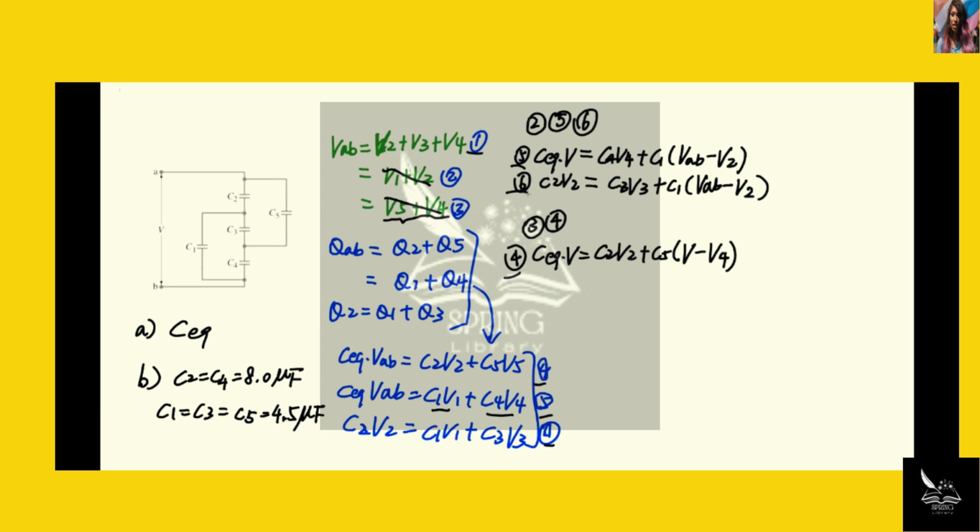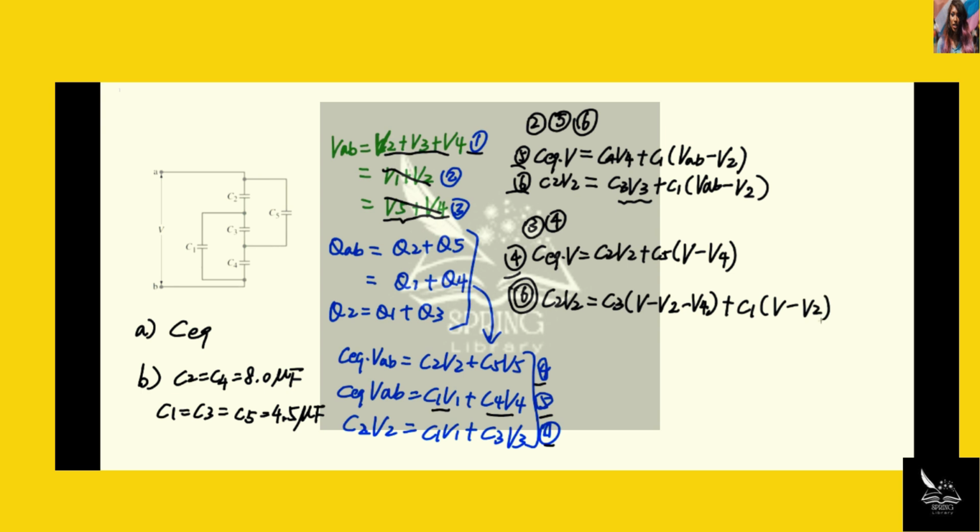But we can eliminate even more of these. Let's also eliminate V3 using equation 1. V3 appears in equation 6. So we can rewrite equation 6 as C2 V2 equals C3 times V minus V2 minus V4, plus C1 times V minus V2.